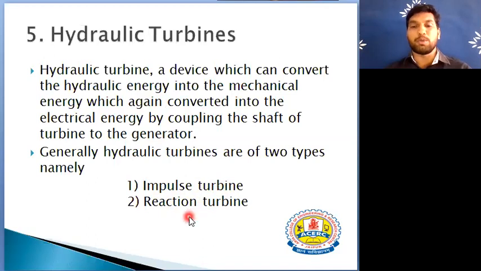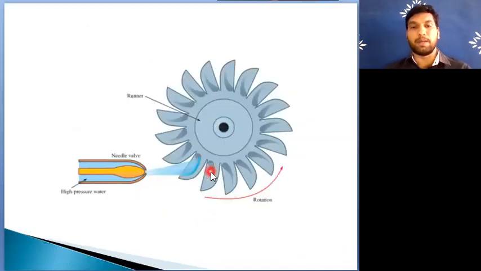So there are two types of turbine used for the generation of electricity. This is the image of a penstock, from where water strikes the turbine. These are the buckets of the turbine, where high pressure water with a high velocity strikes the buckets, and then it rotates in the anti-clockwise direction.